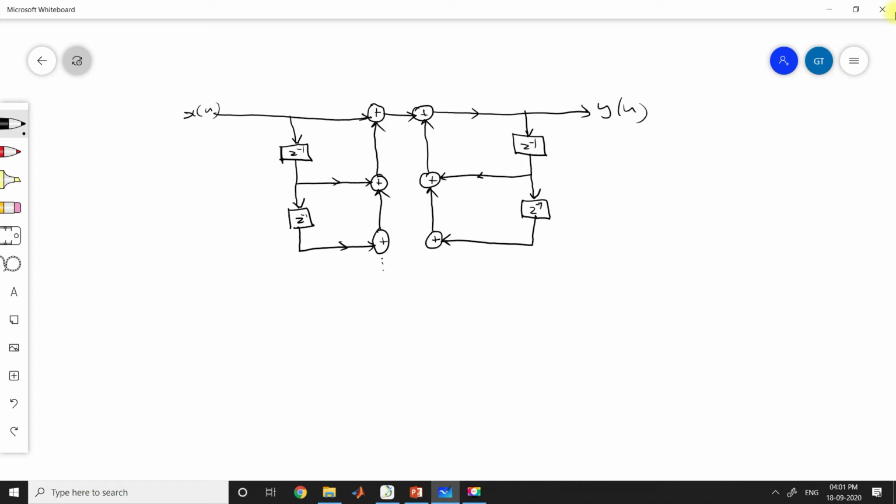Now we can give the extension like this and put an arrow mark here. Then the same line just above, just below the adder, draw like this.